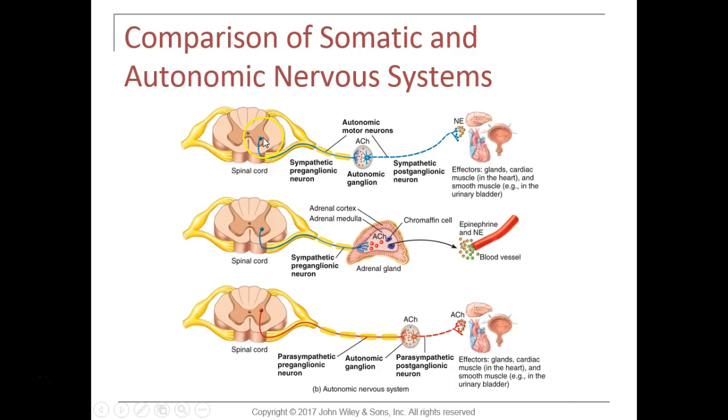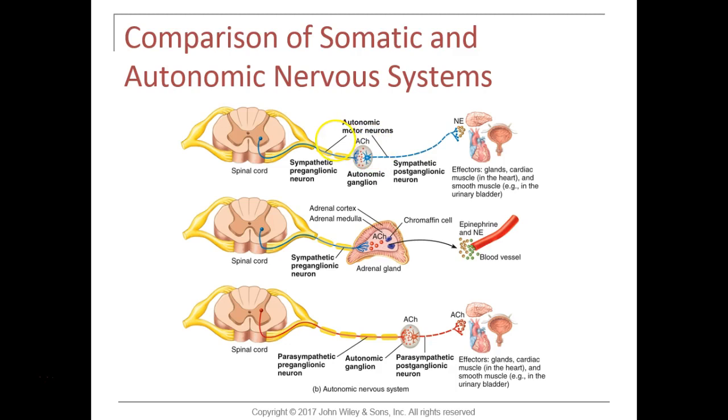So what we're looking at here is a preganglionic neuron leaving the spinal cord via the anterior root of the spinal nerve, and then going through the spinal nerve and terminating in something called the ganglion. A ganglion is a collection of neuron cell bodies in the peripheral nervous system.